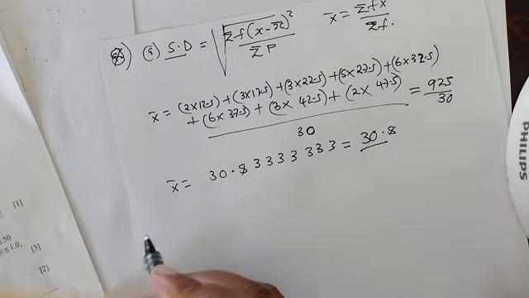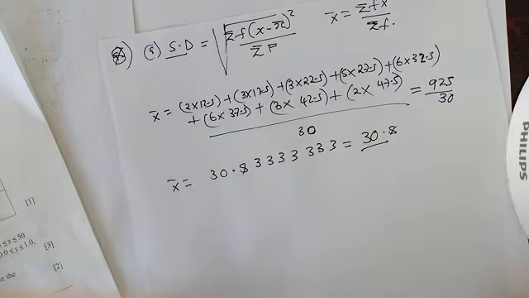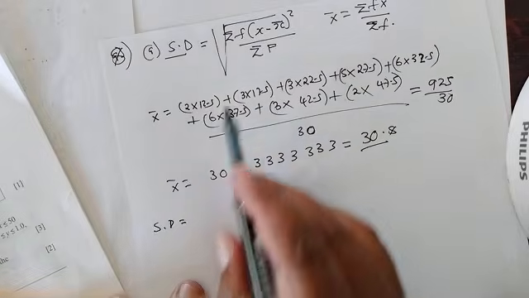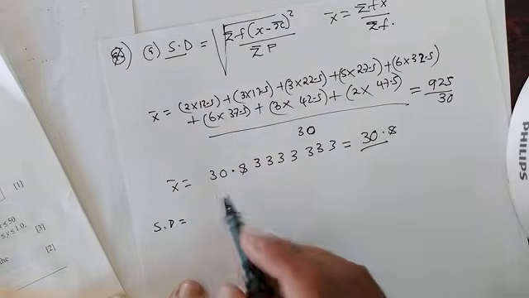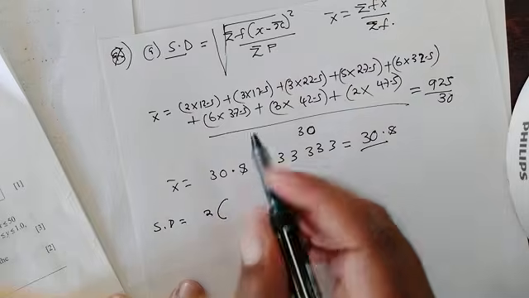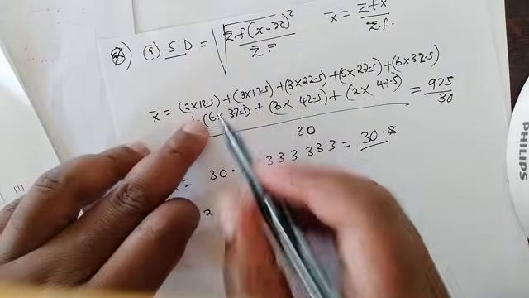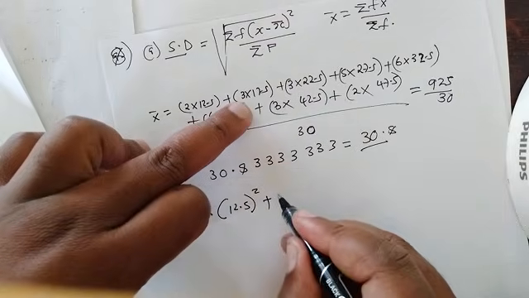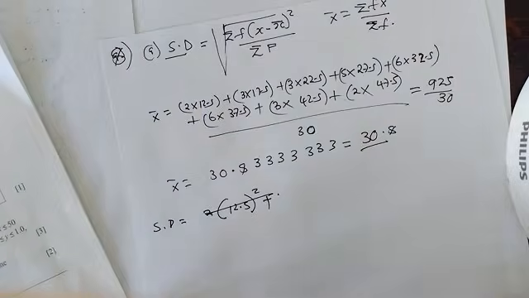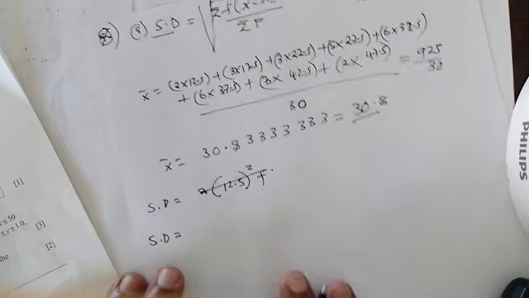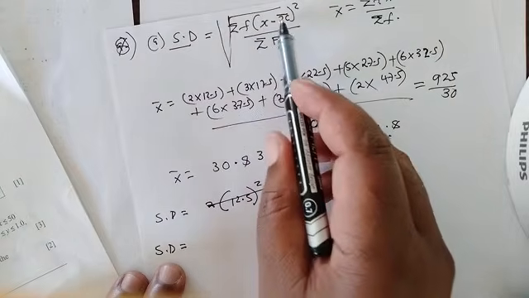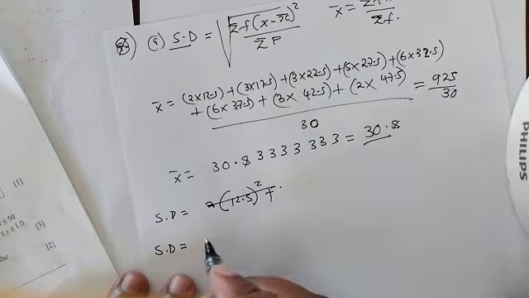Then we now need to find the standard deviation here. Standard deviation is equal to f, and this is my frequency. Take note, when you follow the formula, it is f, open bracket, x minus x bar, squared. So what is my f?